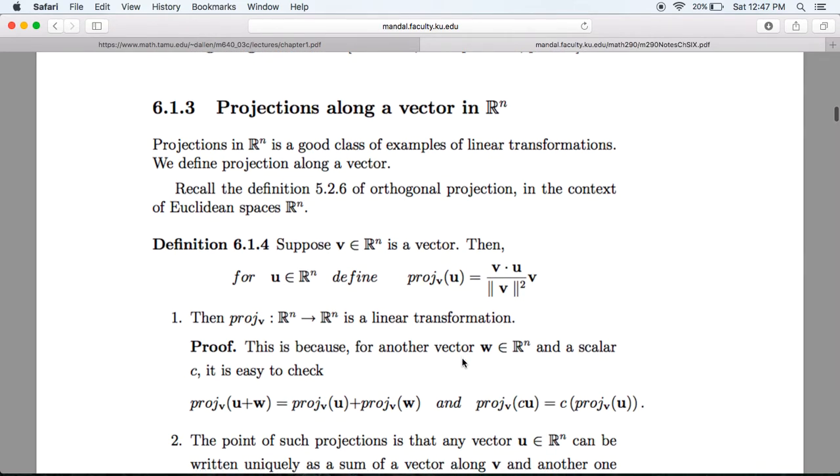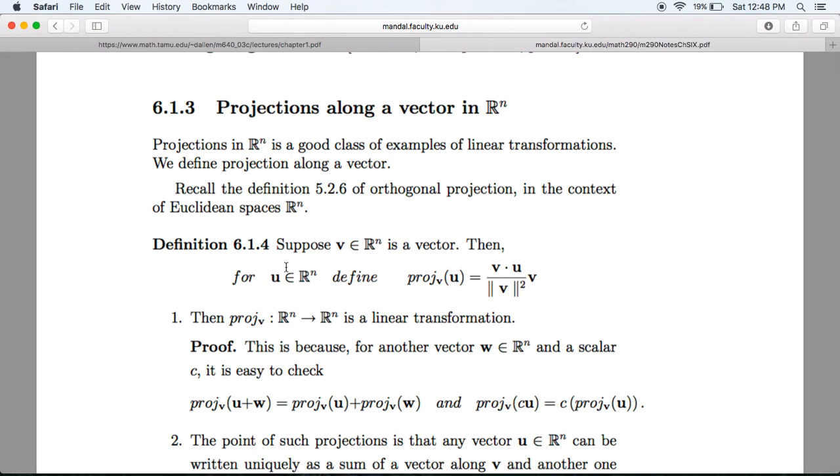Another important geometric notion is that of projection in Euclidean spaces. So suppose v is some vector, usually a non-zero vector in the Euclidean space Rn.